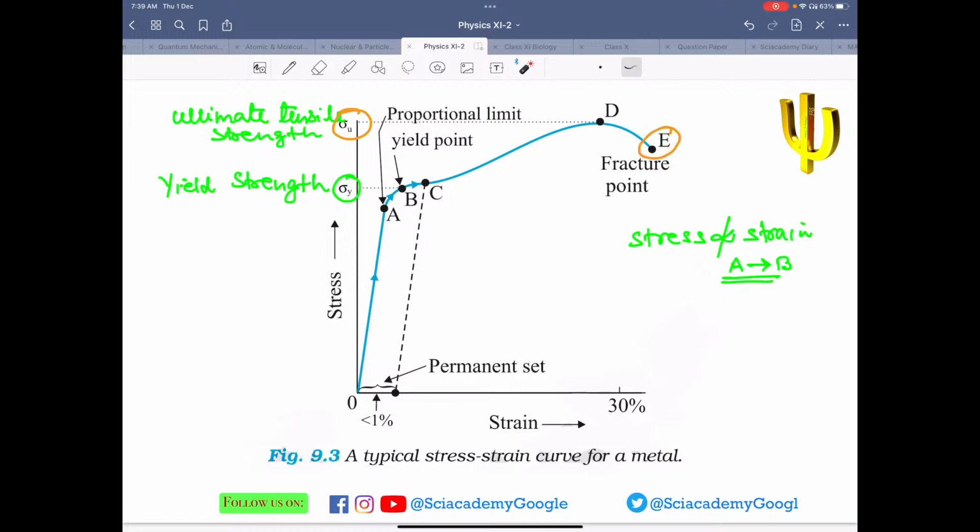If the ultimate strength and the fracture point are close, then depending upon this distance D and E, we categorize the body into two types. What are the two types? First, brittle material. Second is the ductile material.